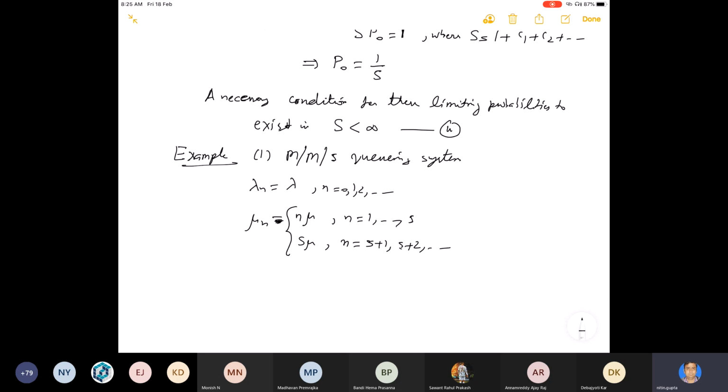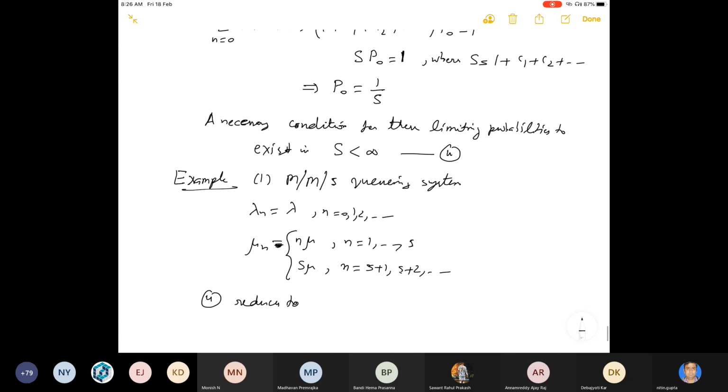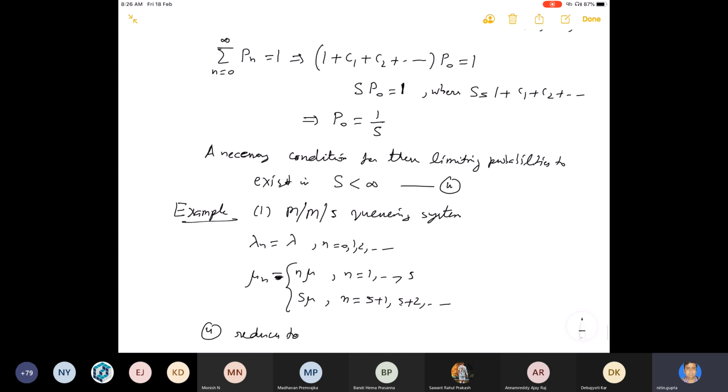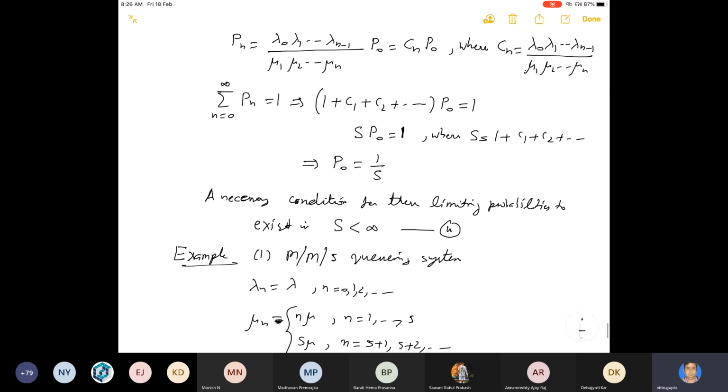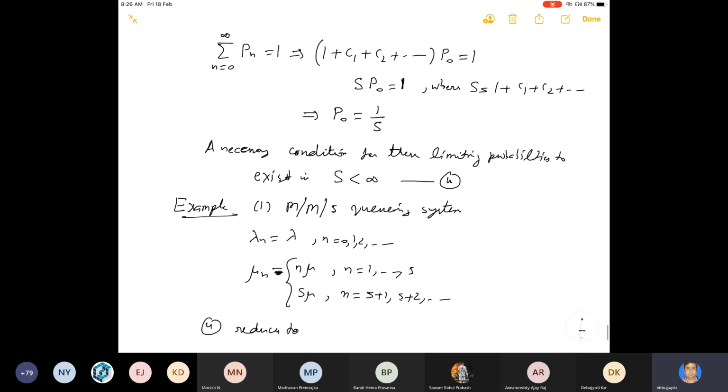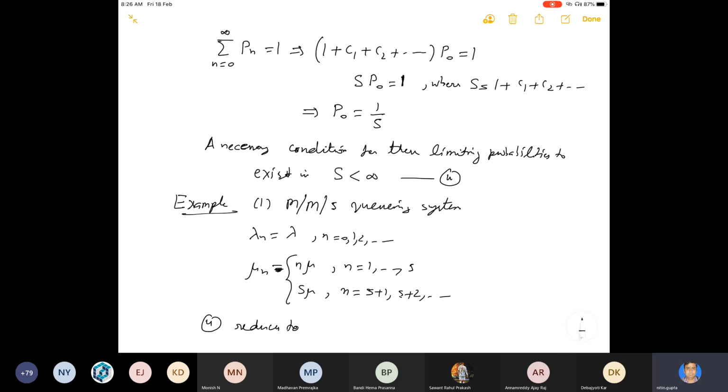So therefore this U reduces to 1 plus lambda naught by mu 1, lambda by mu, plus lambda naught lambda 1 upon mu 1 mu 2.